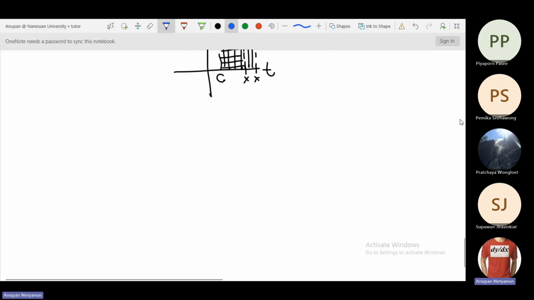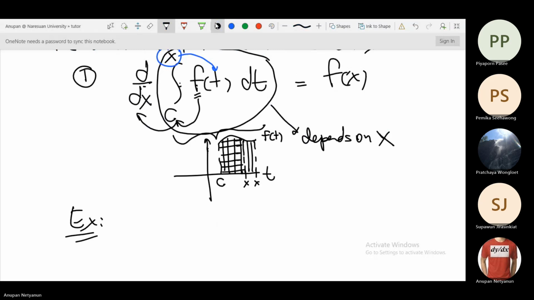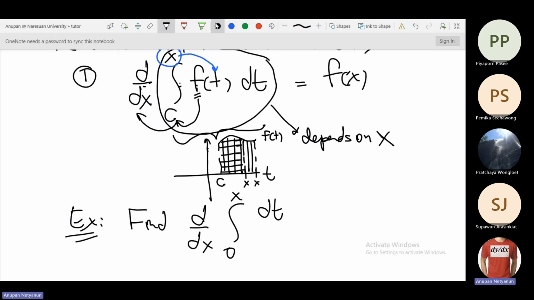Okay, let me give you an example, which is: find d by dx of the integral from 0 to x of dt over 3t squared plus 5.